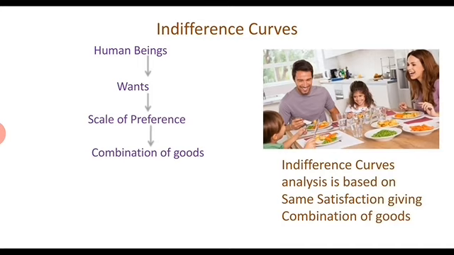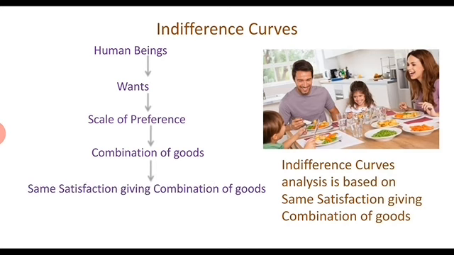In this scale of preference, some combinations of goods give more satisfaction and some give less satisfaction.